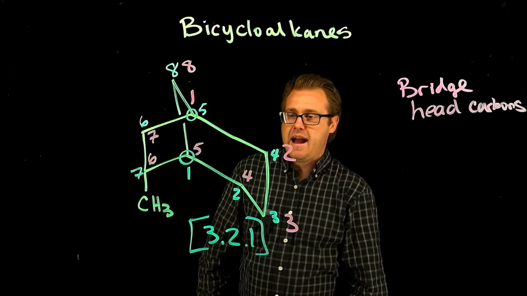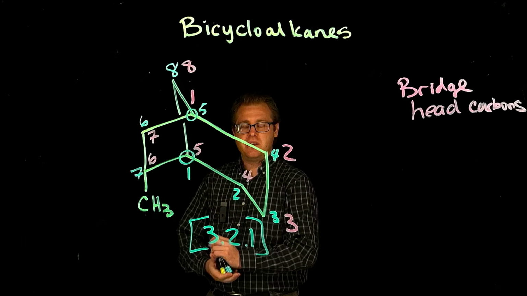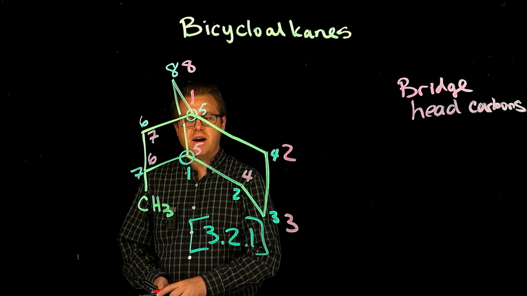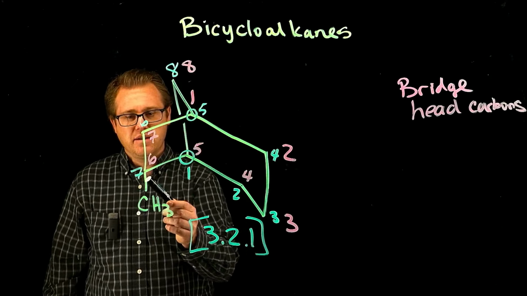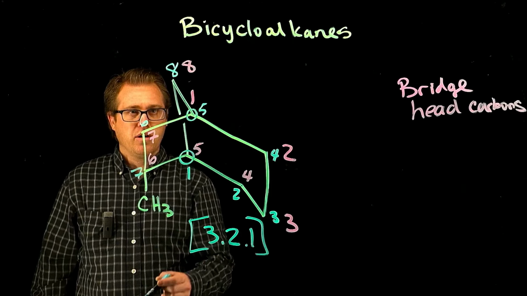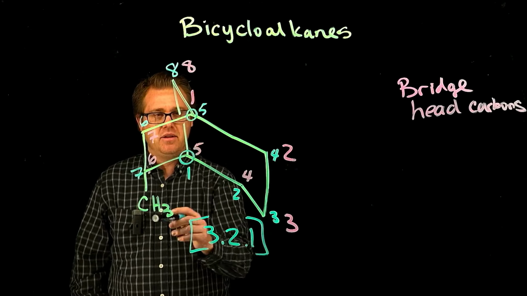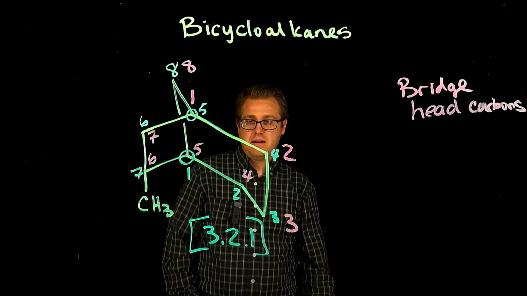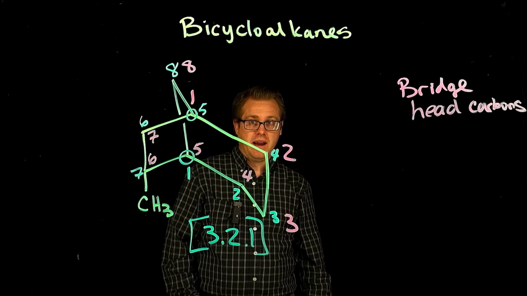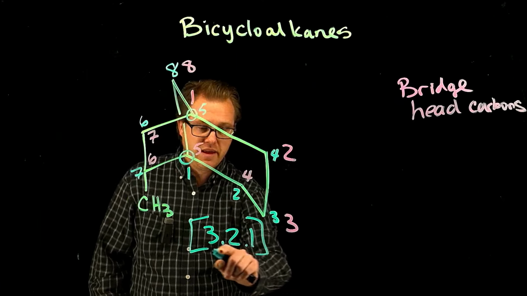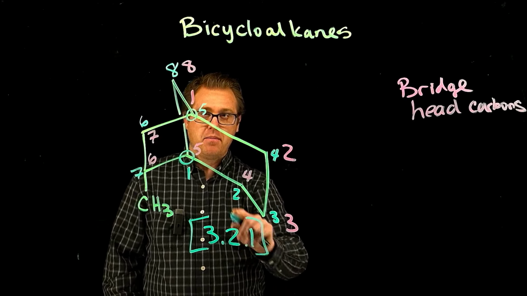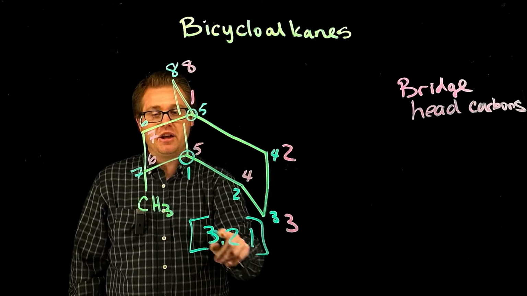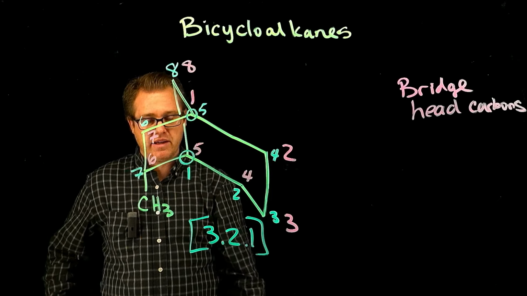So now we have the blue numbers and the pink numbers. Which ones would you choose? Well, we want to give the substituent the lowest number if we have a tie with numbering the bicyclo ring. When we're numbering the bicyclo ring, we have to follow this path. But if there are 2 ways to go about this path, then you give the substituent the lowest locant number.